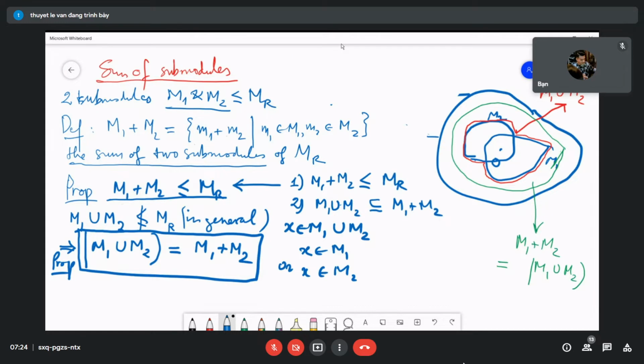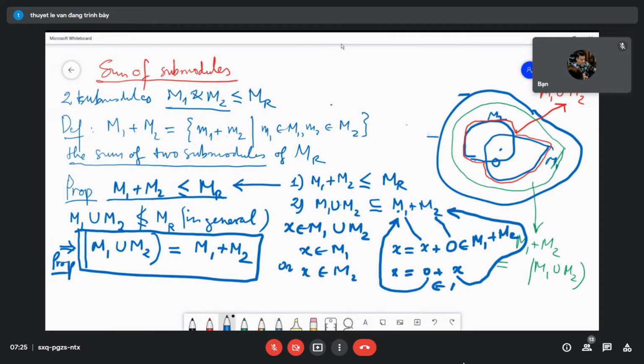If X is in M1, you write X equal to X plus 0. Okay, it's in M1 plus M2, because X is here and 0 is here. And if X is in M2, you write X equal to 0 plus X, where 0 is in M1 and X here is in M2.